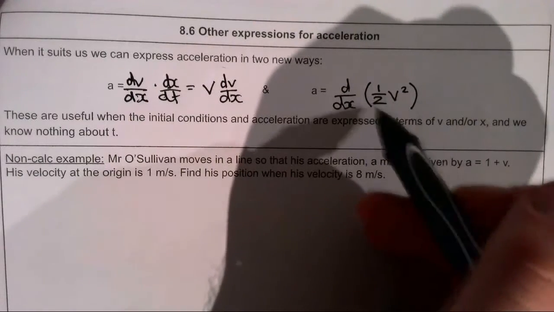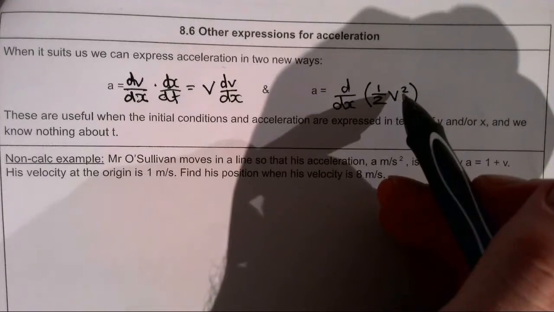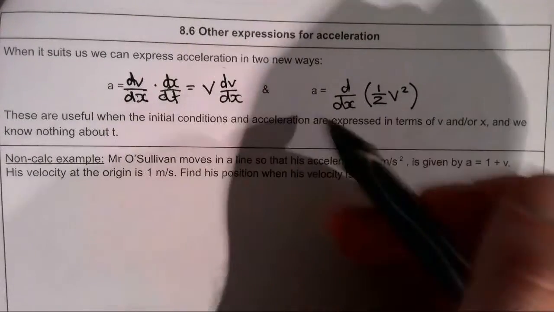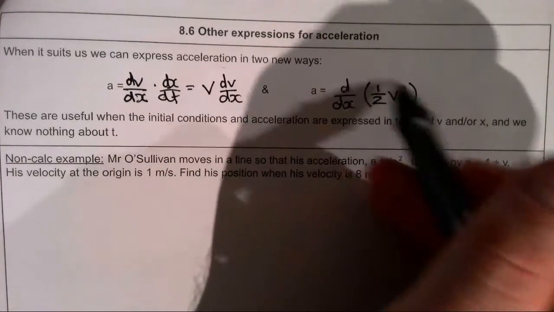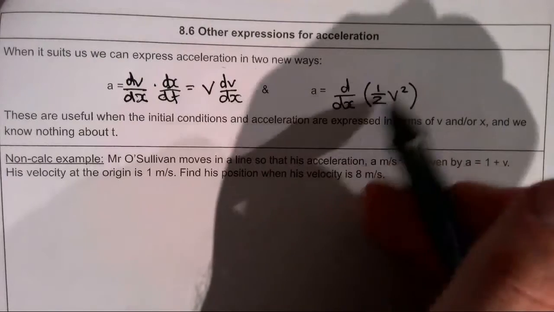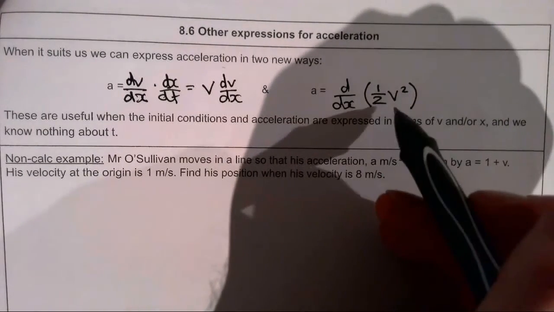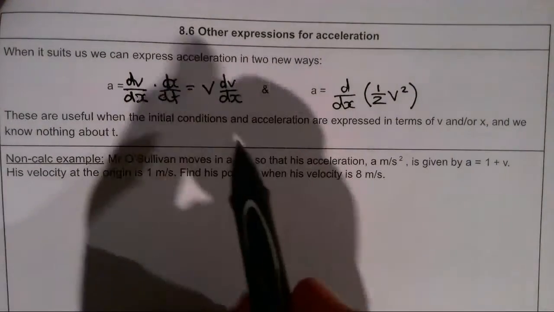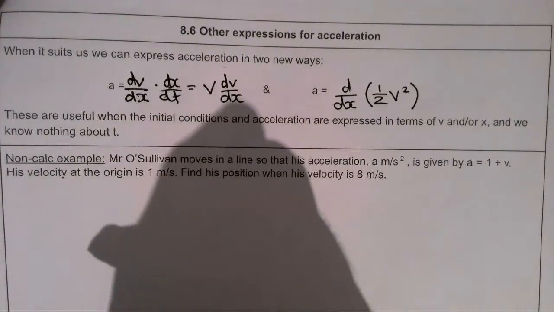If you differentiate this with respect to x, you're going to get v times dv by dx, which is this form here, and so occasionally this form with the derivative of a half v squared is going to give us the fastest way to get to a solution. And so the examples today look at occasions where we might use one of these forms.